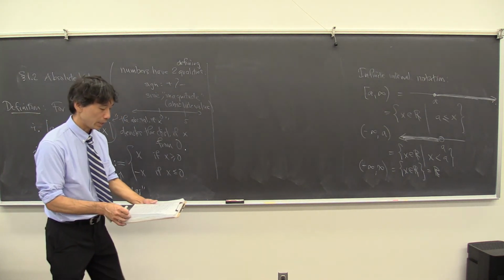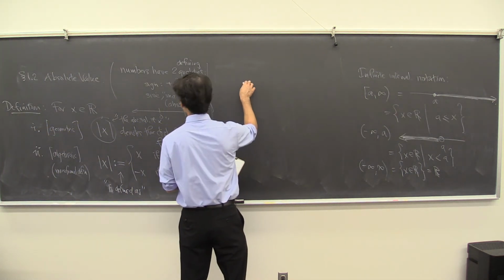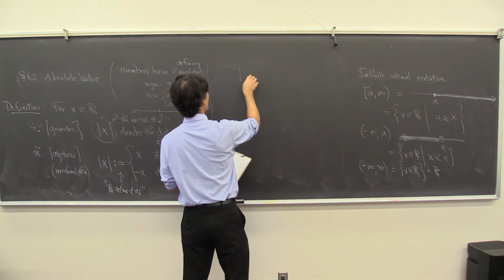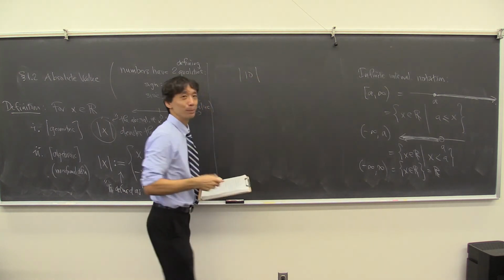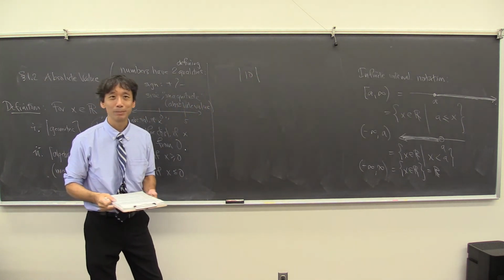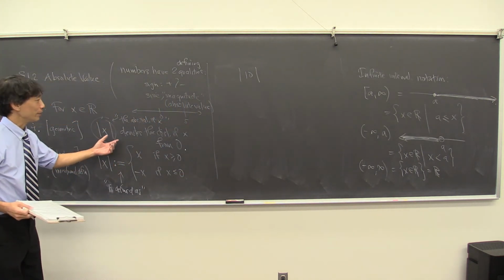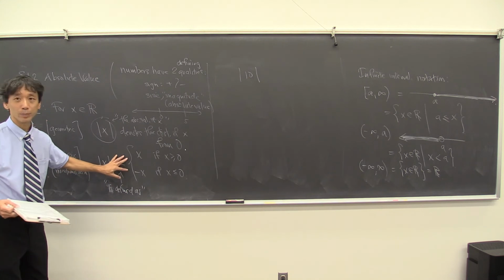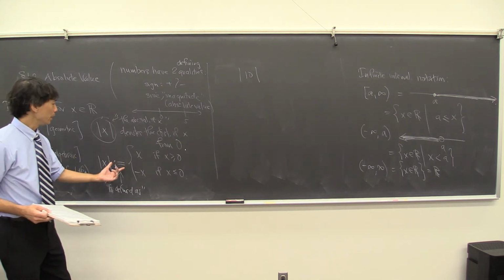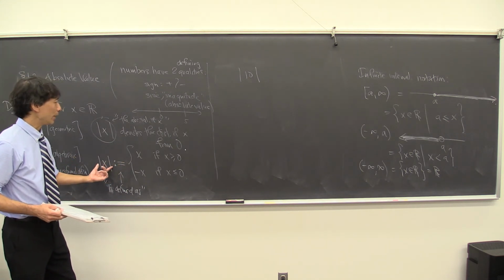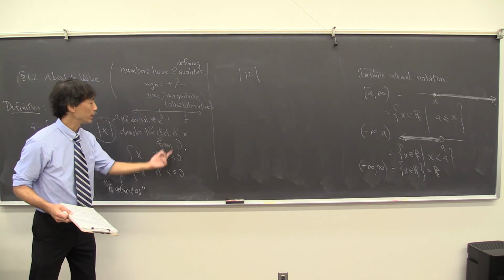So for example, what is the absolute value of 10? Why is it 10? Well, you go back to the algebraic definition. The absolute value is defined to be, you have to look at the input.